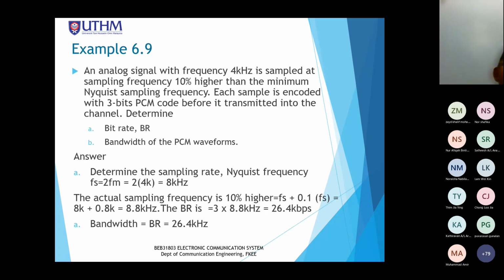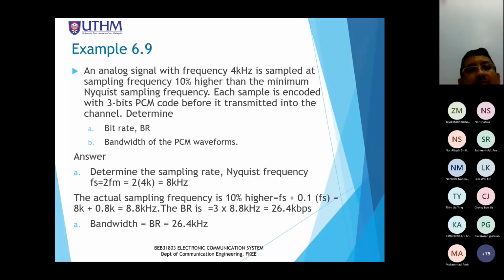The next example is about bit rate and bandwidth of PCM. This is similar to what we asked in a previous final exam. We have asked these kinds of questions actually, so this is also a good example for you to learn.